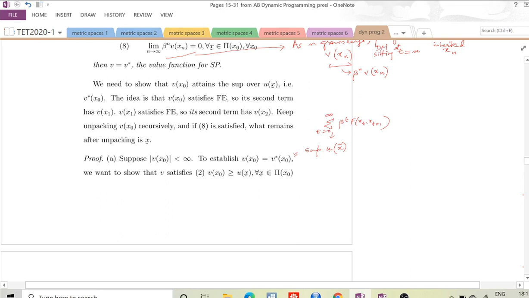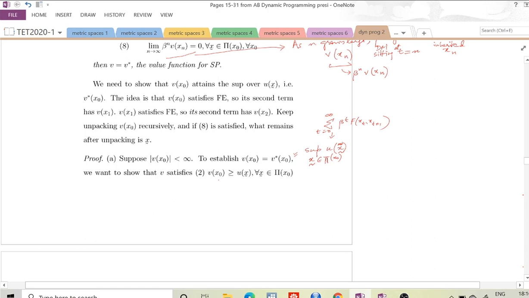So sup over all the U of x tildes that you can get over all feasible plans x tilde that start at x naught, right? So we want to show that V of x naught is this. So how do we show it?